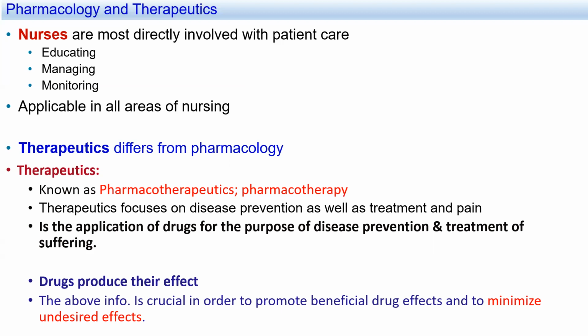So we need to know the reason for giving a particular drug for a particular patient, the rationale for selection of dosage, the route, the schedule of administration of that drug. So there's a lot of information pertaining to the specific drug being administered to the patient. The above information is crucial in order to promote beneficial drug effects and to minimize undesired effects.